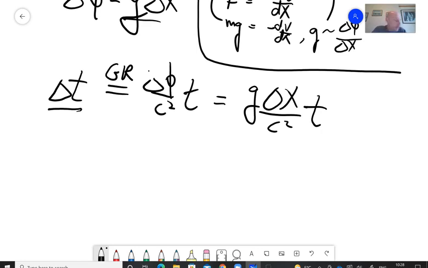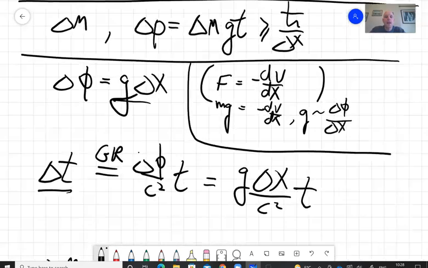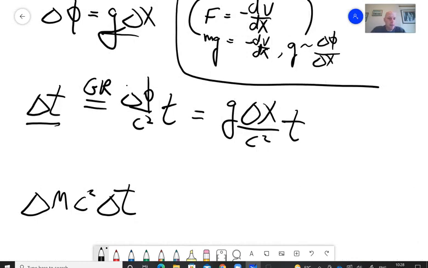So if we multiply delta m that we have times c squared times this delta t, let's see, so we have delta m, and then we have c squared times this delta t.